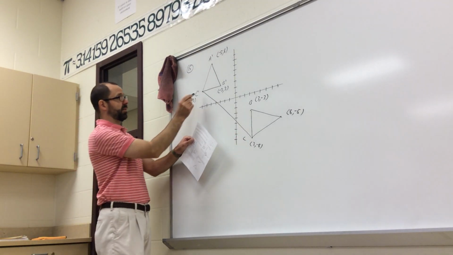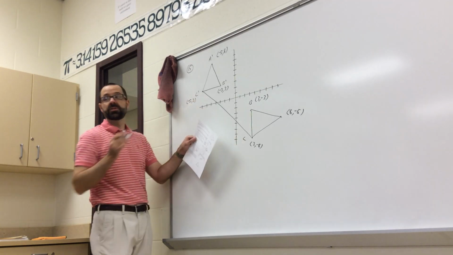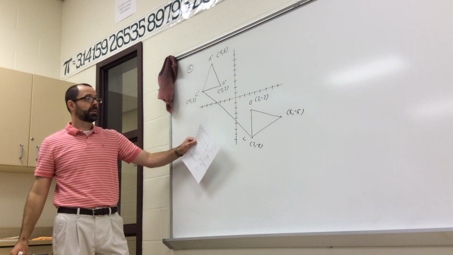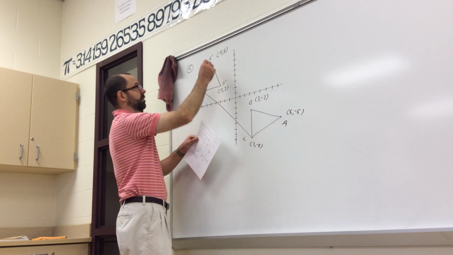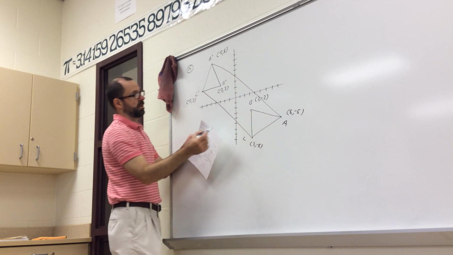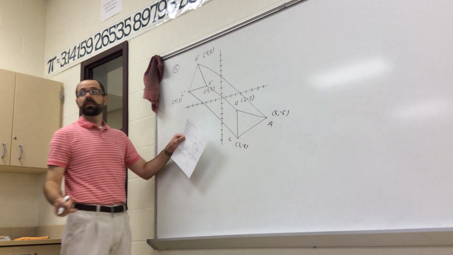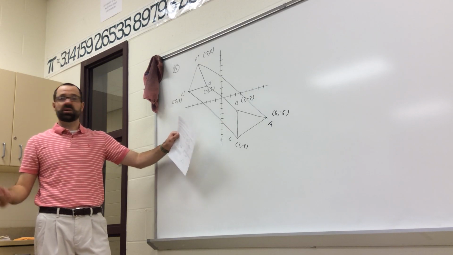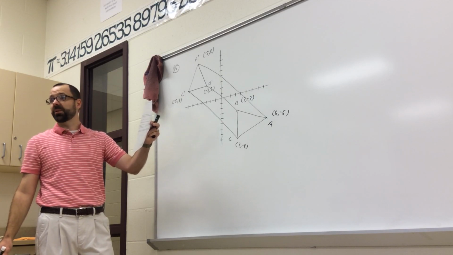Connect from the pre-image to the image. And do the same thing with A and A prime, and with B and B prime. So that was part A.